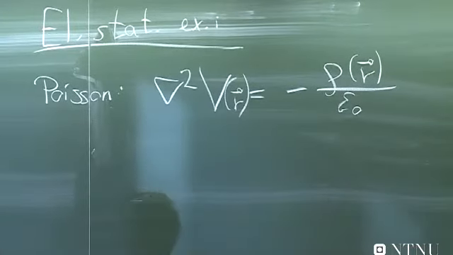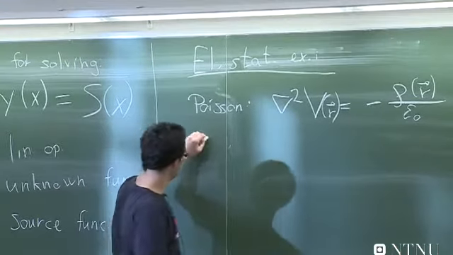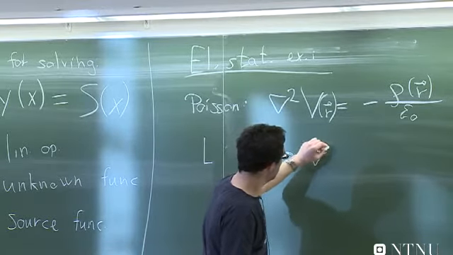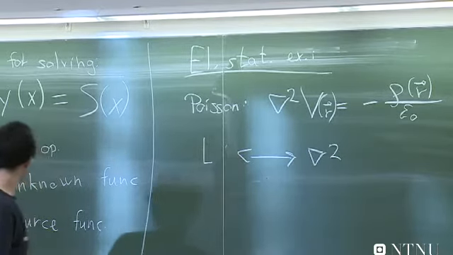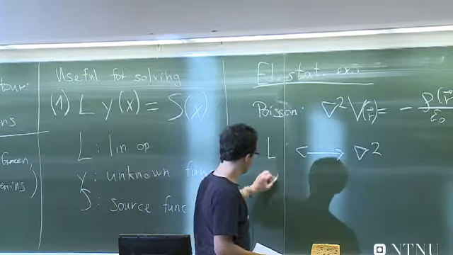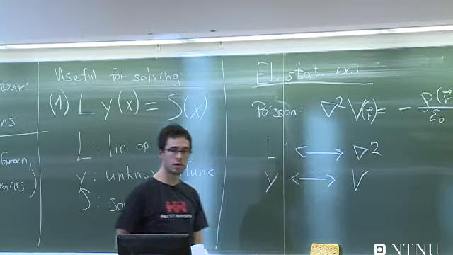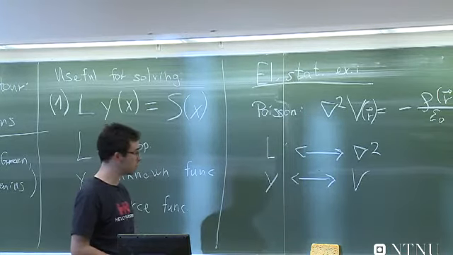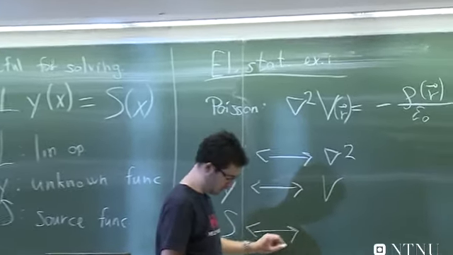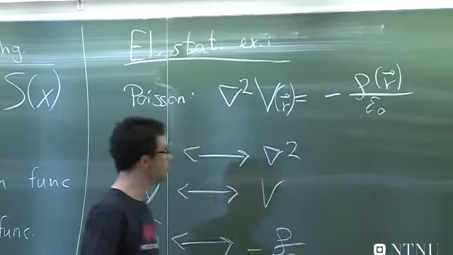In this case, the linear operator L is simply the Laplacian. The unknown function y is the potential V, of course. And the source function is the electric charge distribution, that's minus rho by epsilon 0.